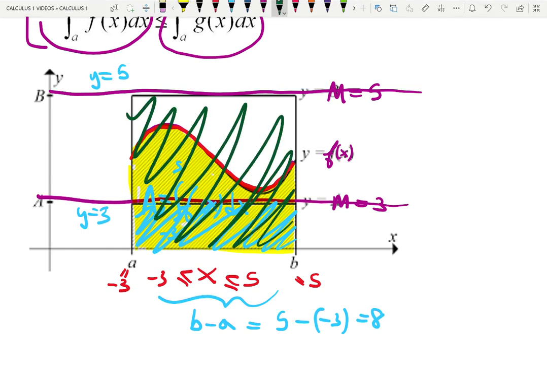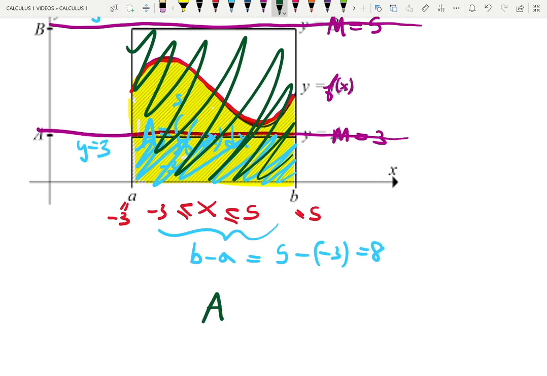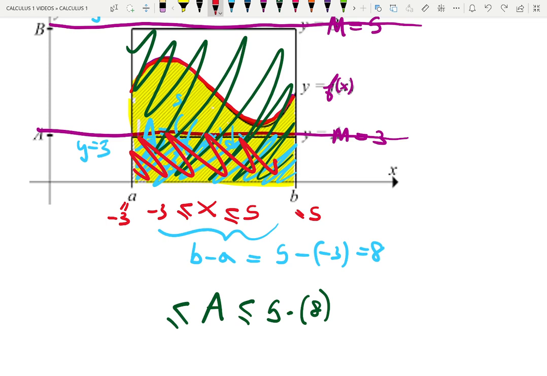So those two rectangles give me the upper and lower bound for the area. The area will be lower than the bigger rectangle, which was 5 times 8, but higher than this smaller rectangle, if you can understand my mess. The smaller rectangle is this one, which was 3 by 8.